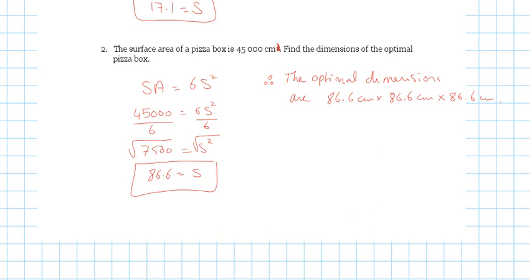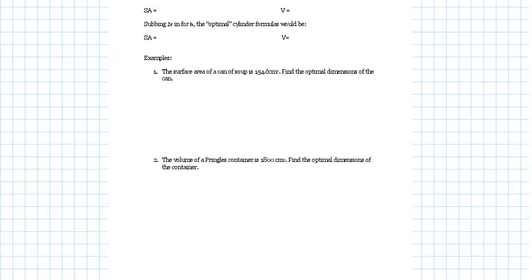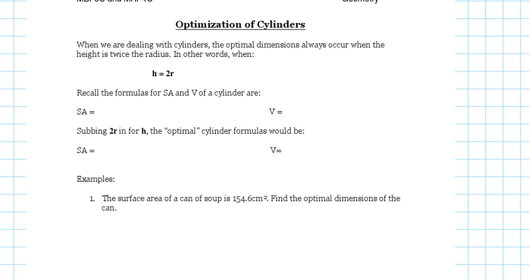All right, to the more fun part. We understand that a cube gives you the optimal shape. Now, when it comes to a cylinder, to make it similar to a cube, you can test that by finding different shapes.